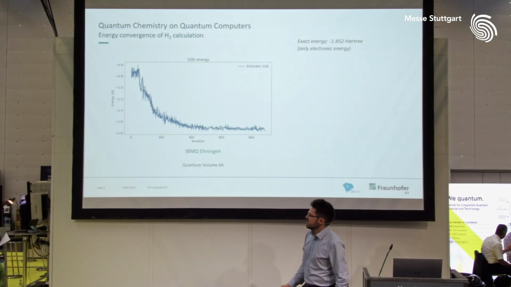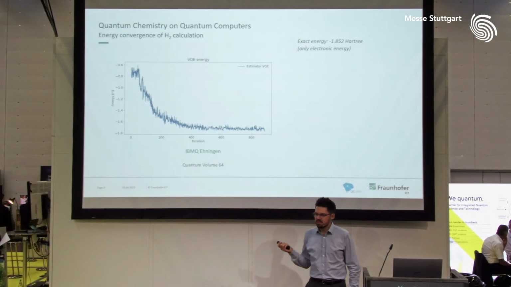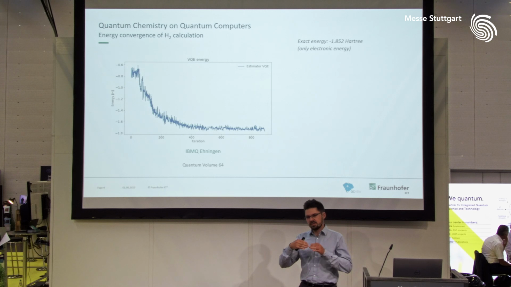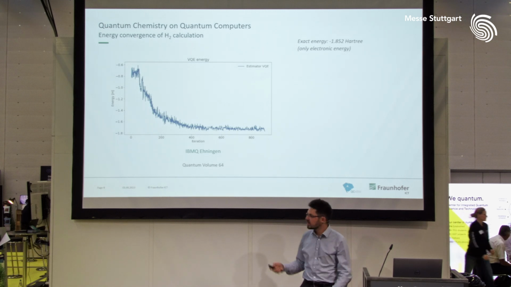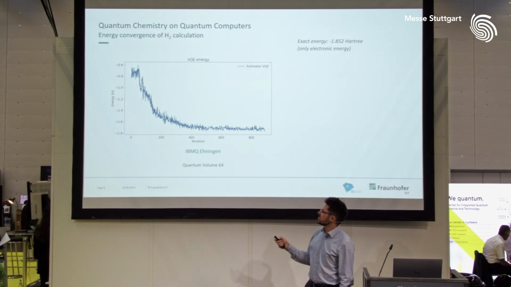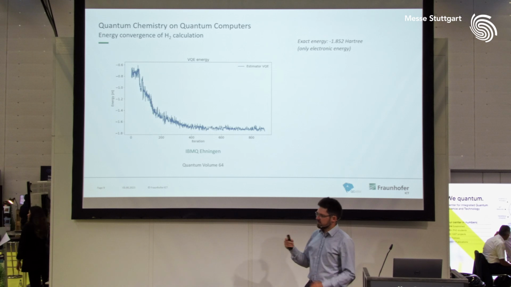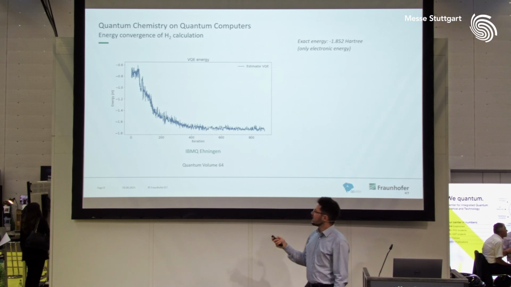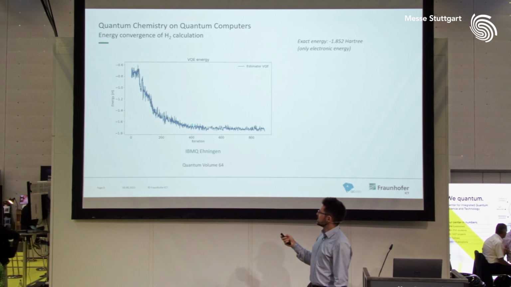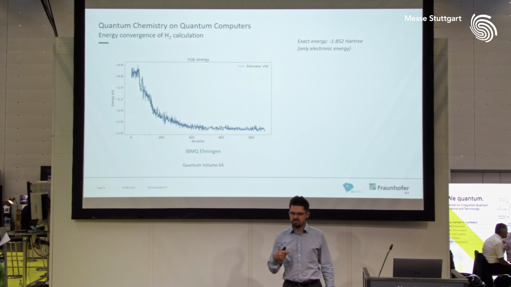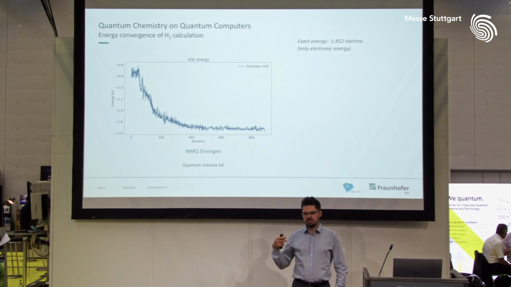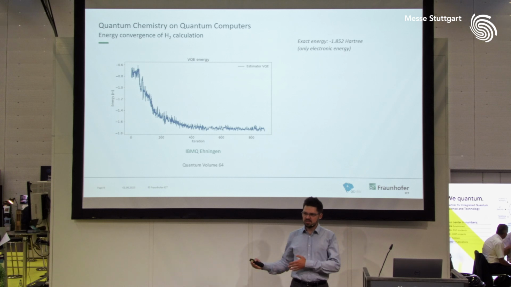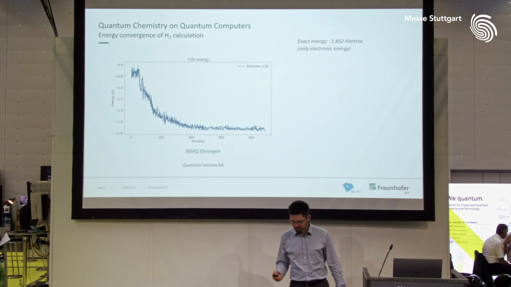So here you can see some energy convergence. So this is exactly this iterative loop. You start at some quite bad energy value, and then the parameters are steered, and you get further and further down to some energy, which then in the end is hopefully the ground state energy of the molecule.